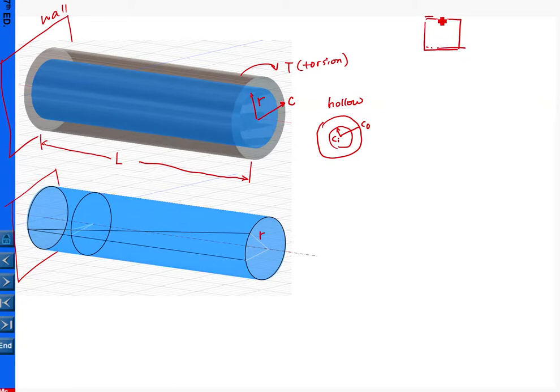If this is the undeformed shape, then after deformation, shown by the dashed line, that is what we defined as the shear strain. Keep this concept in mind.